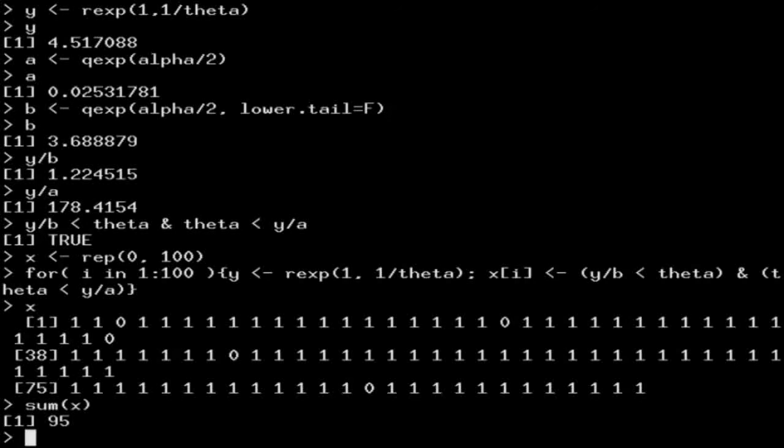Which means that we were wrong 5 out of 100. So where does the 1 minus alpha come in? It's kind of a guarantee that yes, when we perform this experiment, we will be right 95% of the time, but it also means that on average we will be wrong 5% of the time. And when we're performing these experiments, we never really know when we're going to be wrong.